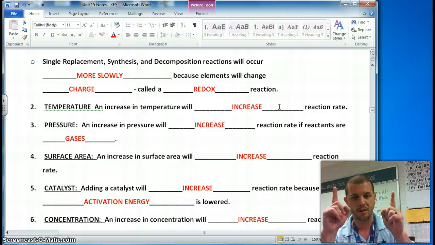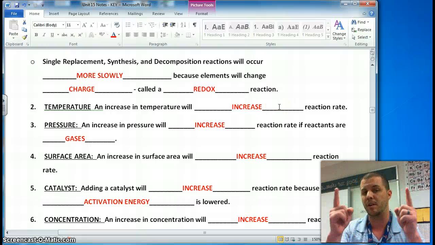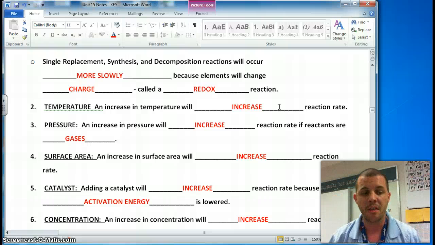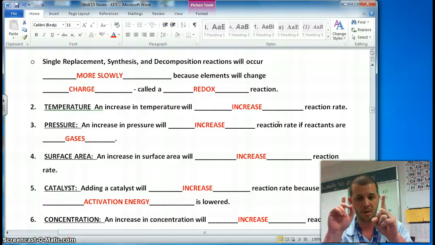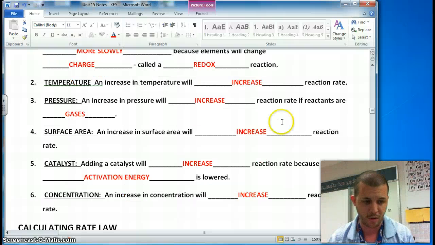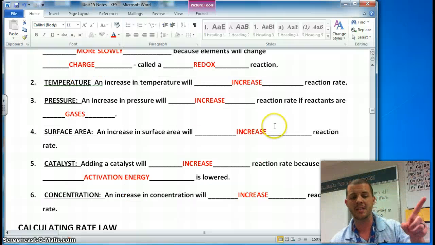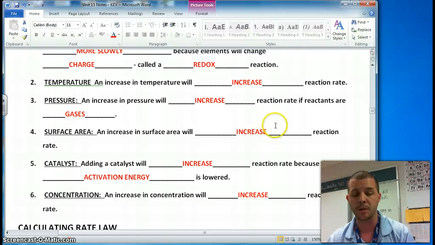Increase the pressure, increase the reaction rate. Why? Because when you increase the pressure, you decrease the volume, thus making it to where you're going to have more collisions. Remember, that one only works for gases. If you increase the surface area, you're going to increase the reaction rate, and if you add a catalyst, you're also going to increase the reaction rate because you've lowered the activation energy.